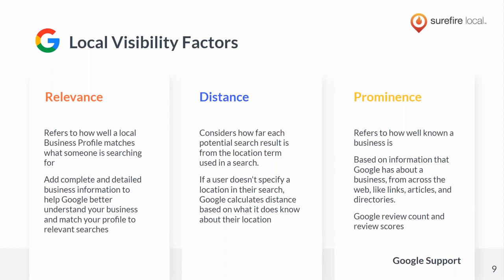So your prominence is the accumulation of not just your Google business profile, but all of your other mediums that are online, such as your website, your content creation, and what you're pushing out to social media. Prominence is calculating all of those, summarizing them, if you will, and then, of course, your Google review count and scores.